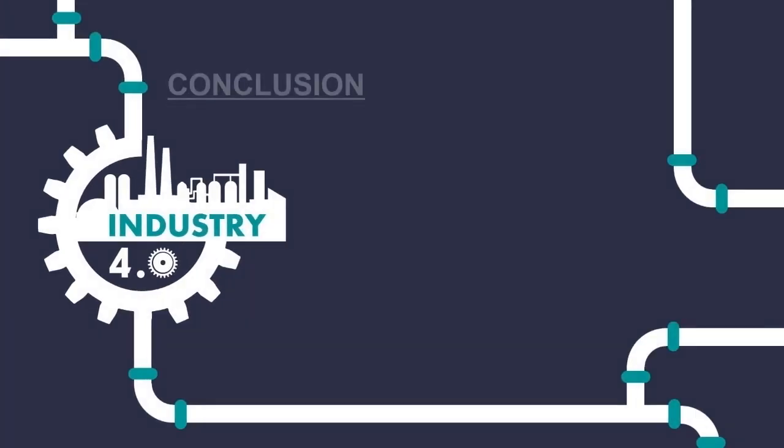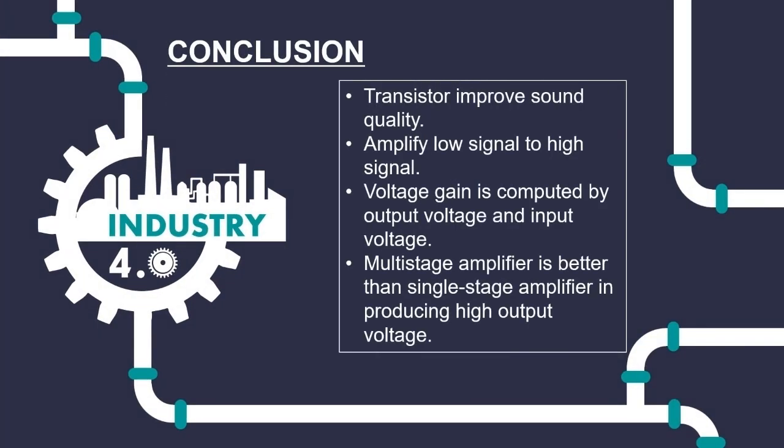In conclusion, the transistor can improve the sound quality by amplifying the low signal input to a high signal output. Besides that, the voltage gain is computed from output voltage and input voltage. As we all know, the voltage gain is equal to output voltage divided by input voltage.